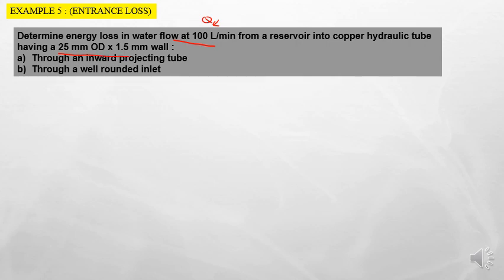If you notice, in all the examples I keep using the same specification, depending on the case. So in this case it flows from a reservoir, where this is the DO2, the diameter outside of the tube, for this pipe here. You need to get the energy loss in two different cases.